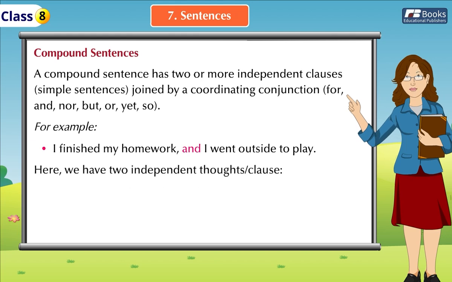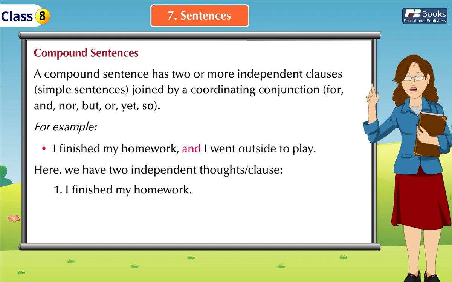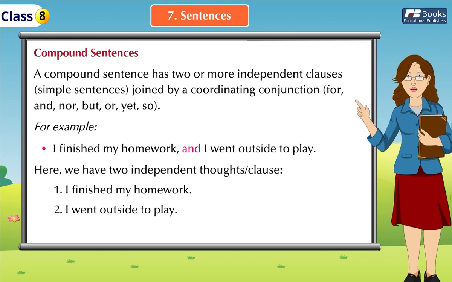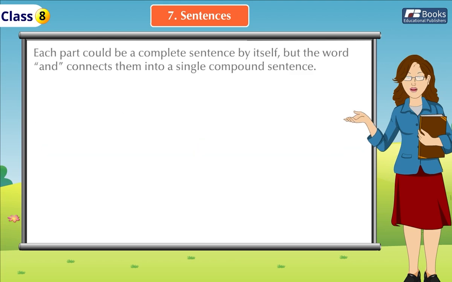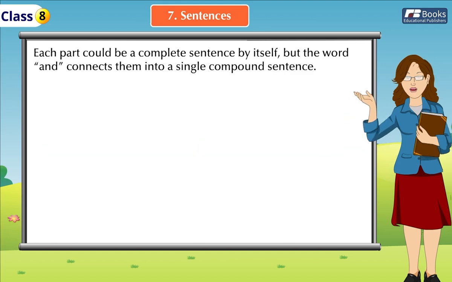Here we have two independent clauses. First, I finished my homework. Second, I went outside to play. Each part could be a complete sentence by itself, but the word and connects them into a single compound sentence.